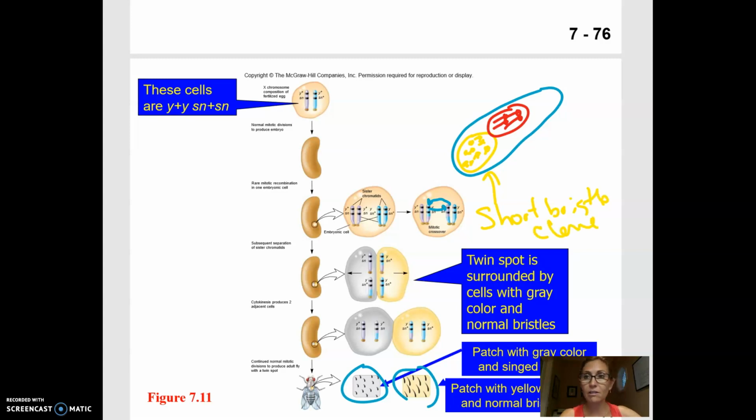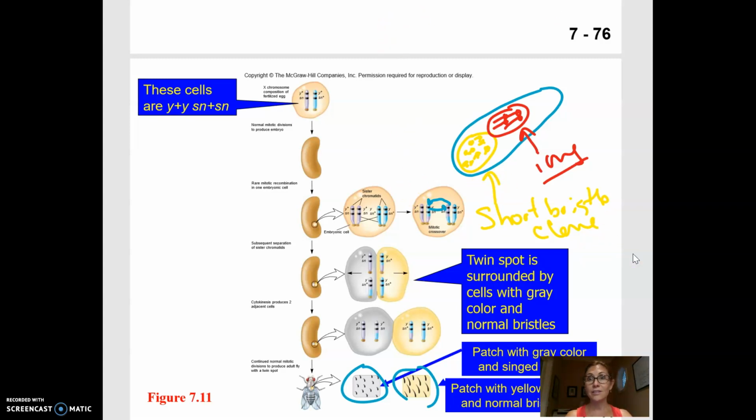And over here, this would be the long bristle clone, right? So in that particular case, you're tracking a set of cells as they divide over the lifetime of the animal, and each set is considered a clone. Kind of cool, right?